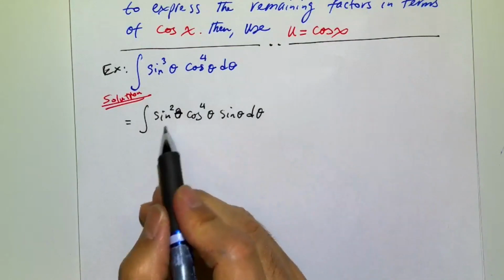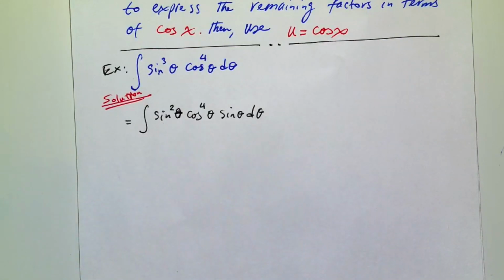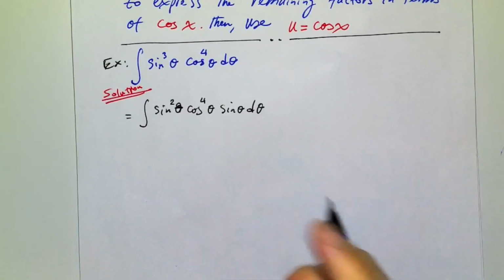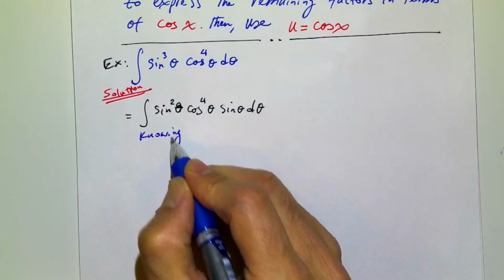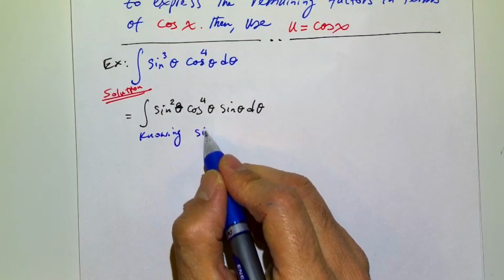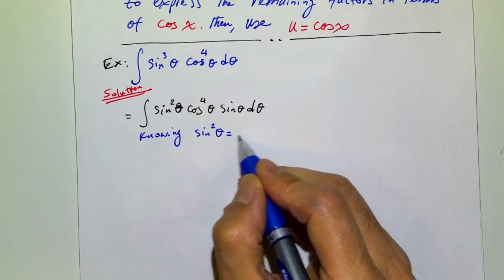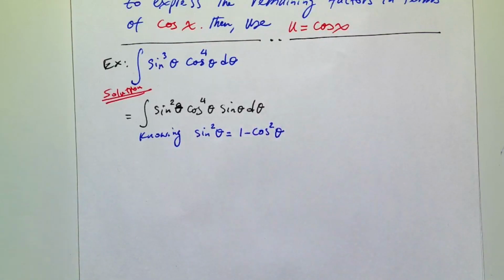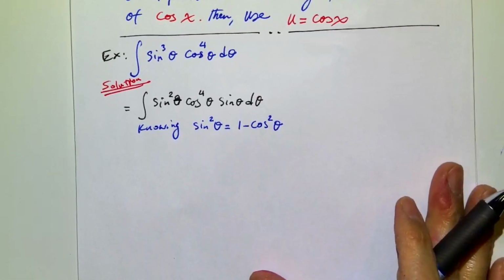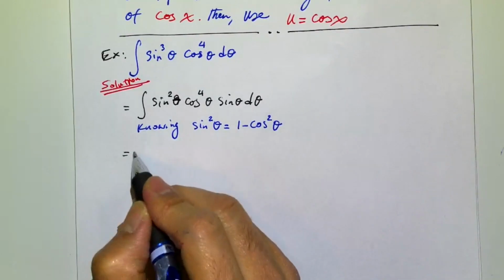Then, knowing from basic trigonometry that sine squared theta is equal to 1 minus cosine squared theta, right? Math 127, if you've taken that course here.